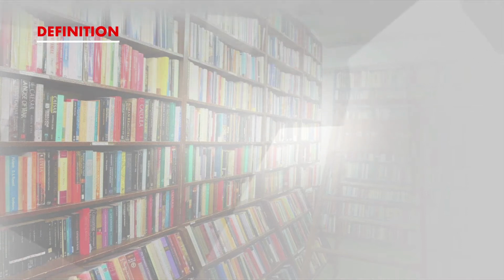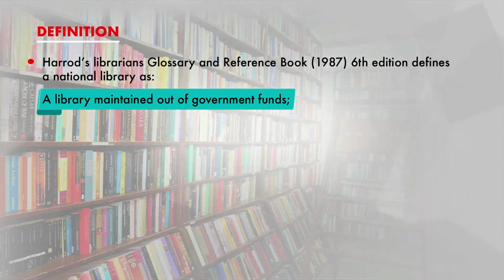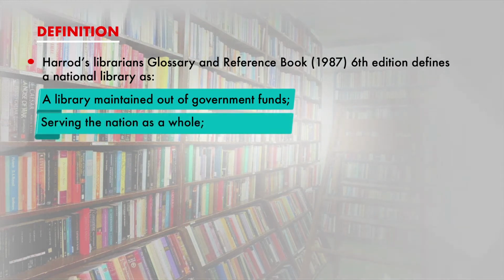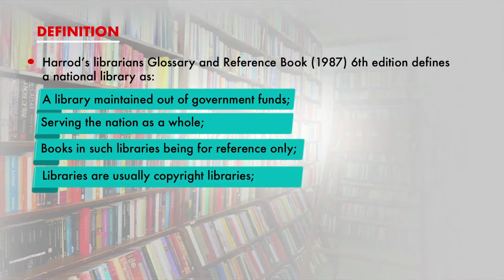A very famous definition of a national library is given by Harrod's Librarians' Glossary and Reference Book, 6th edition, 1987, in which a national library is defined as a library maintained out of government funds, serving the nation as a whole, books in such libraries being for reference only. Such libraries are usually copyright libraries.